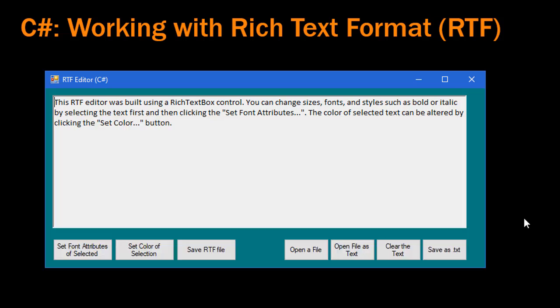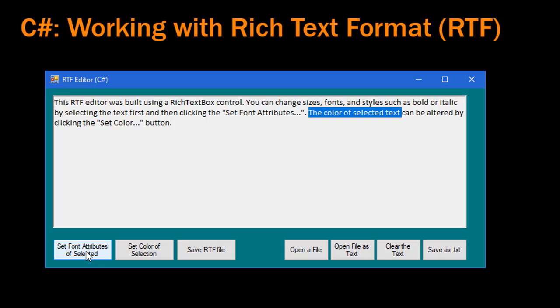So in this example, I've created an application in C#, and I have a rich text box control, which is here. It looks just like a normal text box control, except I can select a word or drag through and select several words or a sentence or a phrase or a paragraph, and I can do things like change the fonts.